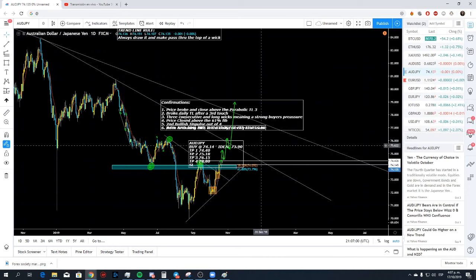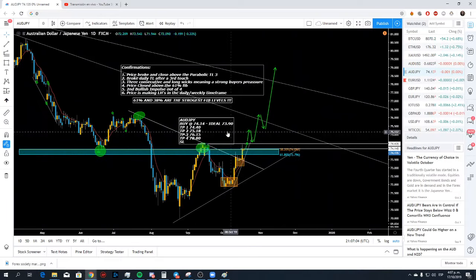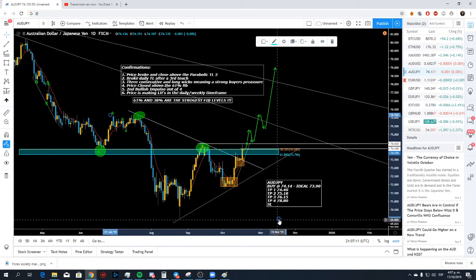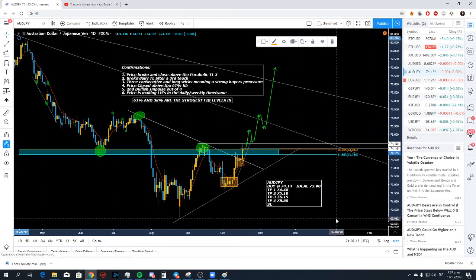Okay, guys. So we got the signal. Let's just define the stop loss. Below the 61, 20 pips lower. Let me move this. And we have our signal, live signal.